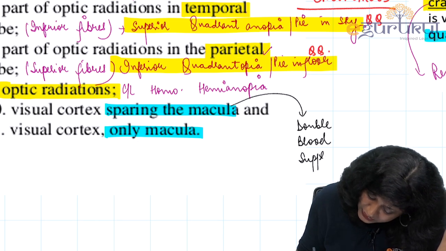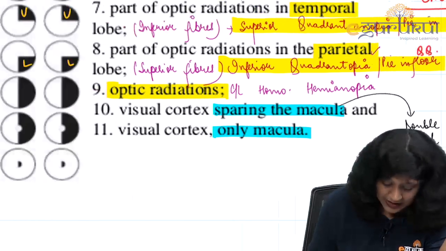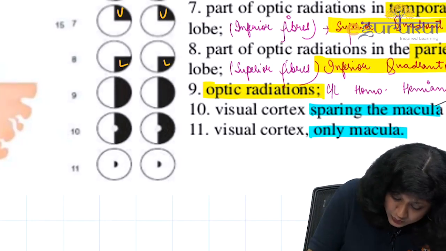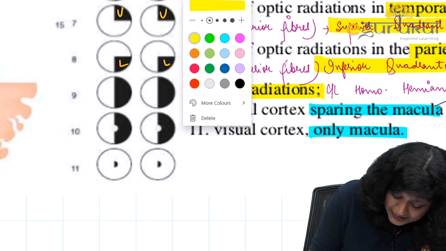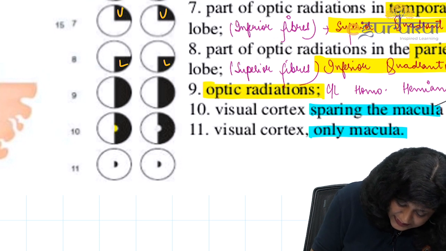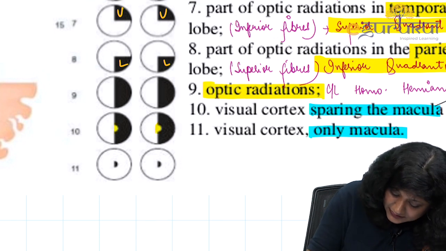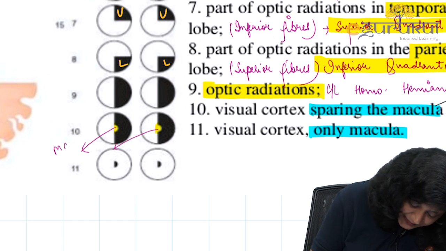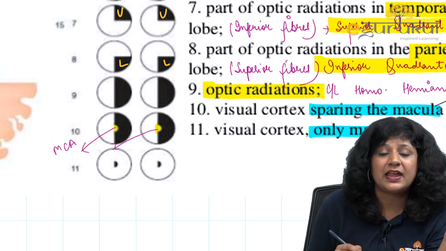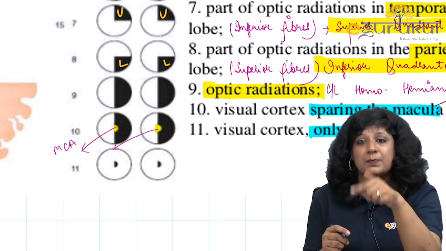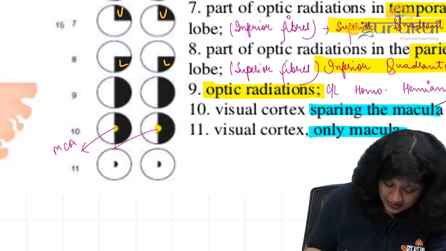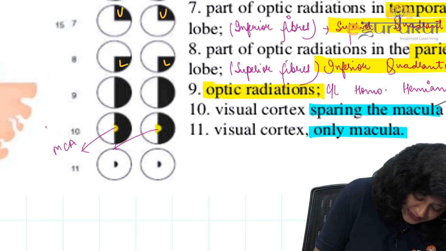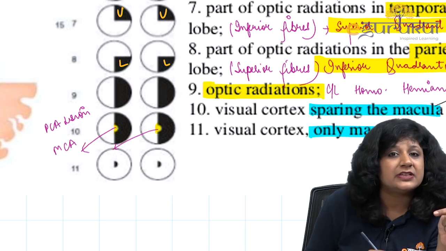So if only the posterior cerebral artery is affected, I am going to get vision in the central area, because this area is actually supplied by the middle cerebral artery, and that is why this area is spared. This is called macular sparing. So here I can say there is a PCA lesion, and the MCA is supplying it.